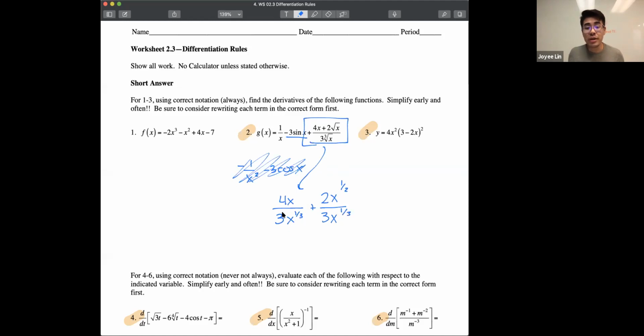And don't forget that when you're dividing exponents, you subtract the exponents from each other. So this simplifies to 4/3 x to the positive 2/3, since 1 minus 1/3 is 2/3. And this one is 2/3 x to the 1/6 power. From there, you can take the derivative.